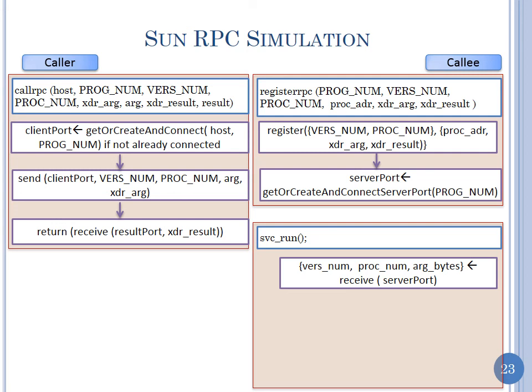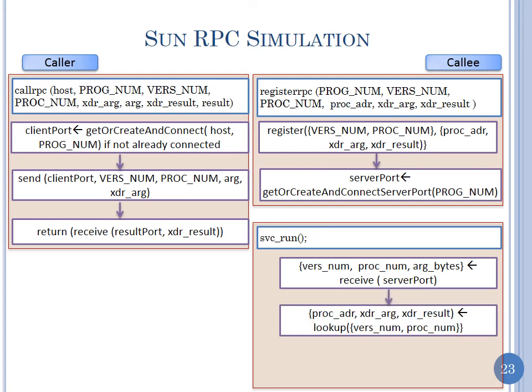So we don't have to get the program number, because that was received by the operating system, and we are talking about a specific process right now, and that corresponds to that program number. And it's going to look up the procedure address and the XDR routines based on what was received, the version number and procedure number. So it knows which serializer to use and which deserializer to use.